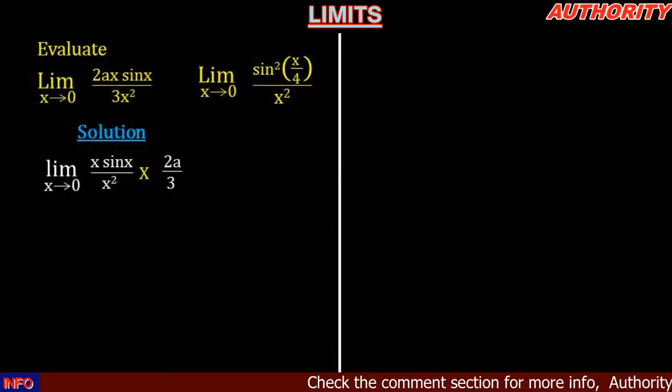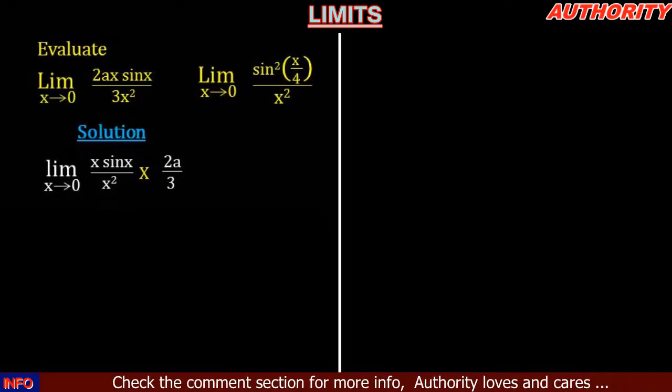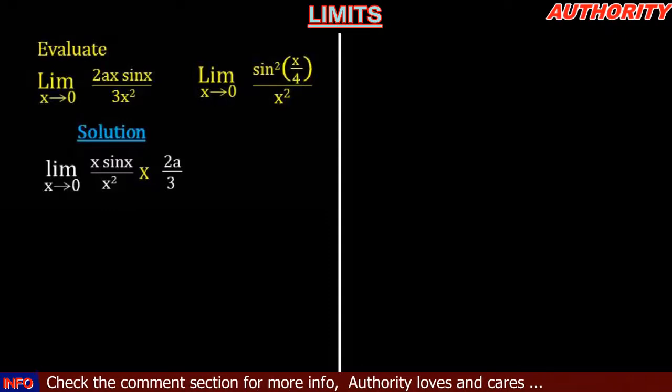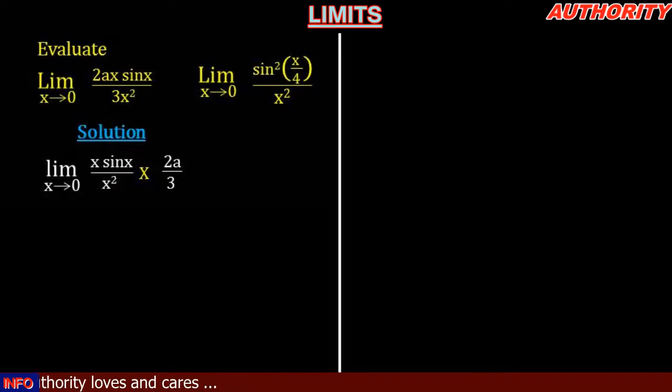When you multiply numerator by numerator, we have x sine x multiplied by 2a, which still gives us 2ax sine x. And the denominator multiplied by the denominator, x squared multiplied by 3, still gives us 3x squared.